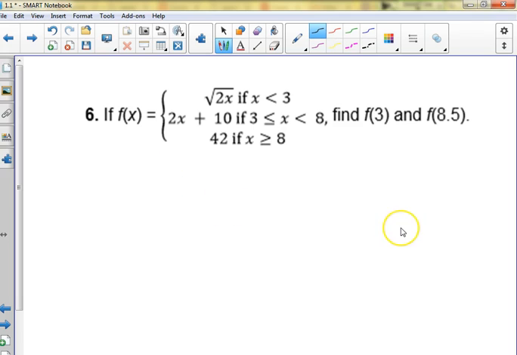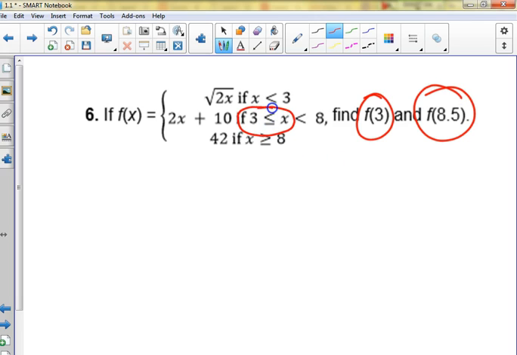The kitten one is my favorite. Okay. All right, guys, what about this? Can you do this one on your own? Put a 3 in and an 8.5 in. Oh, the 3 is tricky, I heard. Is the 3 tricky? Which rule does the 3 go into?